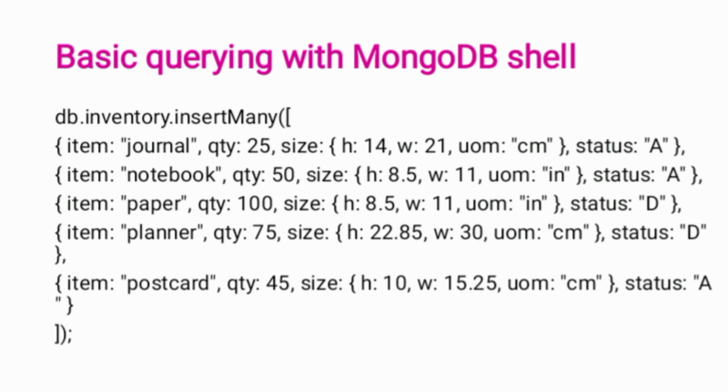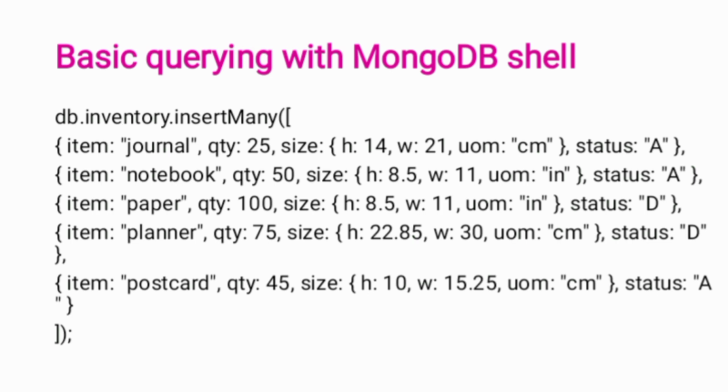In the second line, the name of the item is journal and the quantity of the item is 25. Then the size of the item is an object with the height and width and unit of measurement fields. Next, we have the status. The status of the item is A.